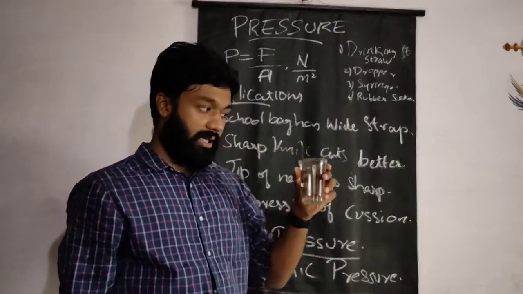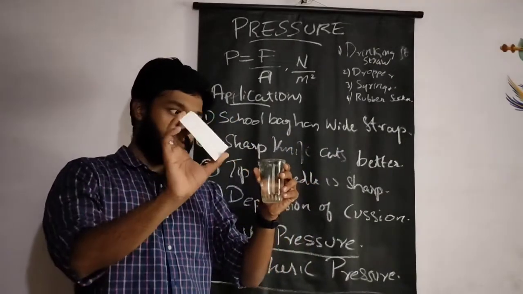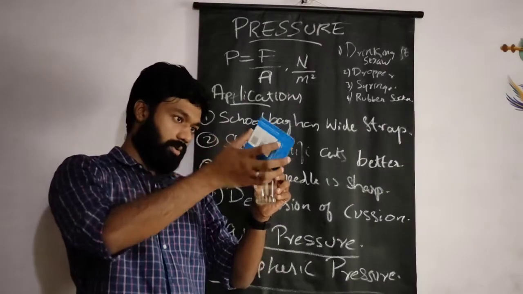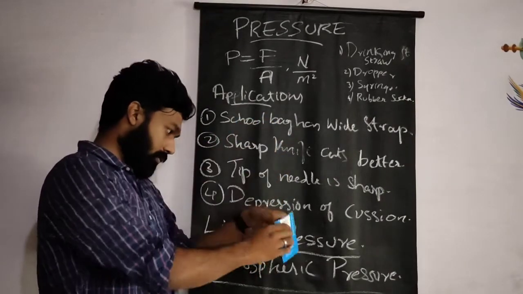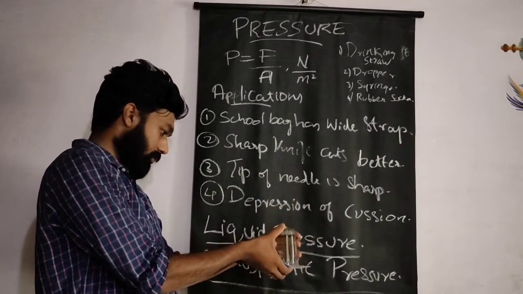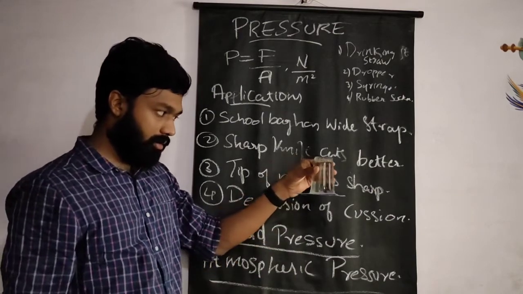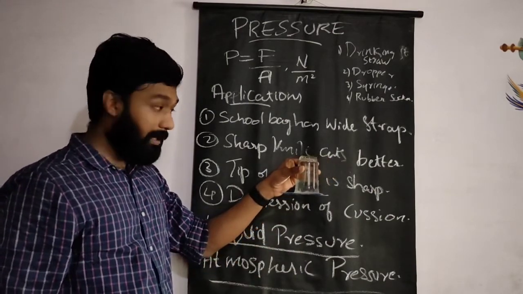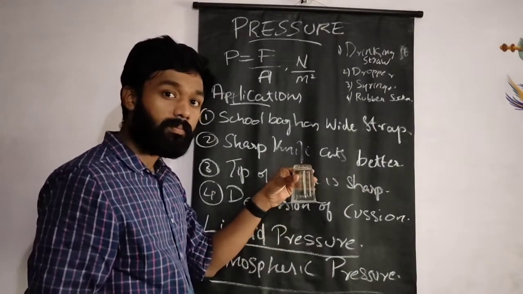Okay, so I am taking a glass of water. This is just cardboard. So I am keeping it closed. Look, when I am keeping it closed, why is this paper not falling downside, you know?